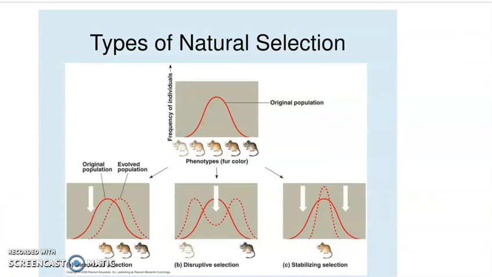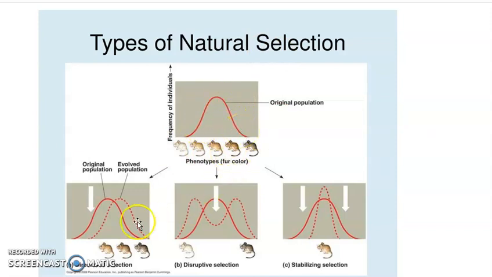I'm just giving you an example. Just imagine there is a population of rats which have different phenotypes, from very light skin to very dark skin, and intermediate skin color is also there, right? This dark line represents the original population.